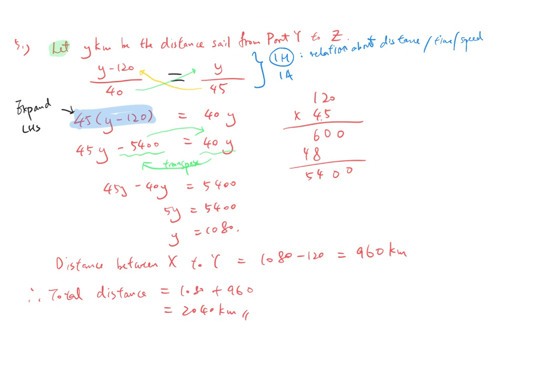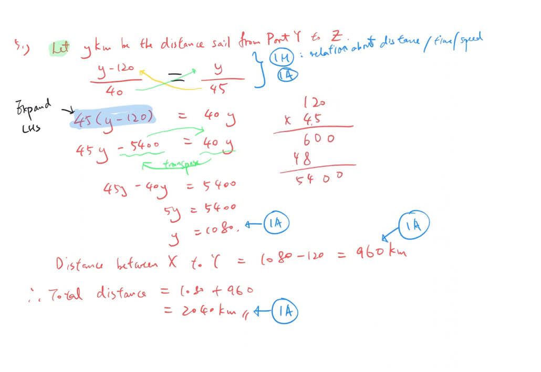So here we have 2 marks. Then for the 1080 there is 1 mark, and then X to Y 1 mark, and the final mark is for the addition of the 2 distances.